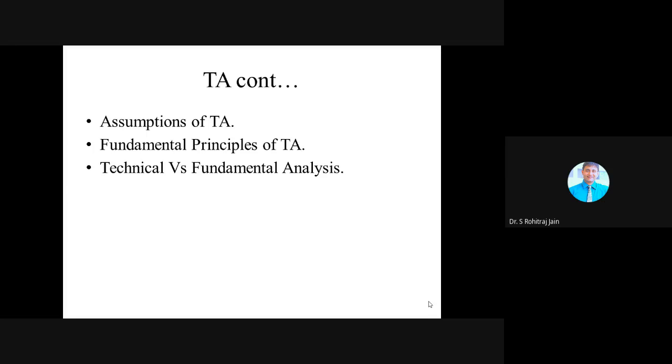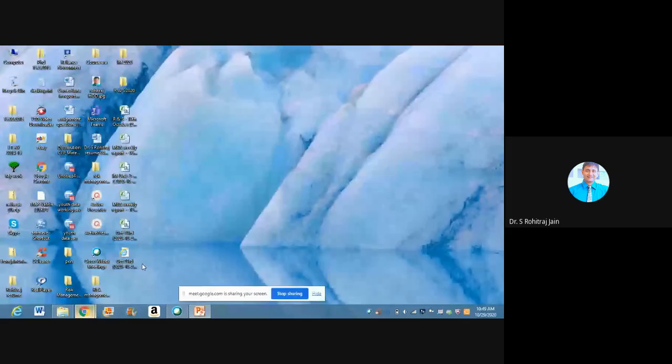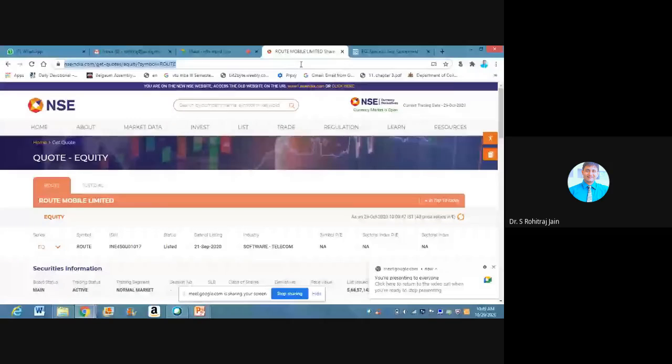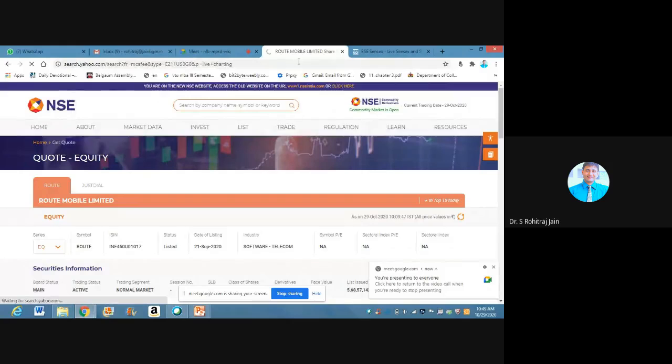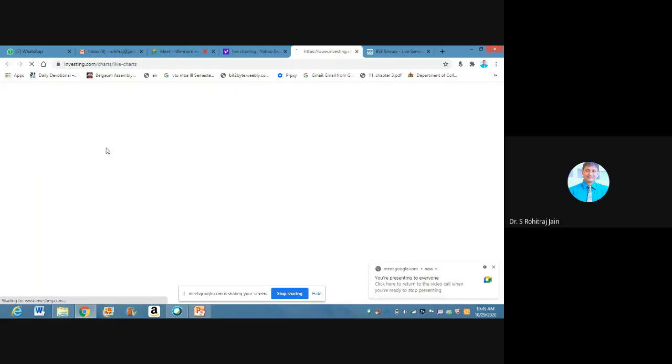See, a technical analyst believes that the market always follows a pattern. When I say a pattern, it can be an upward pattern, a downward pattern or a sideways pattern, right? Now, let me explain. All of you, please see this particular graph. Let me go to live charting and explain.